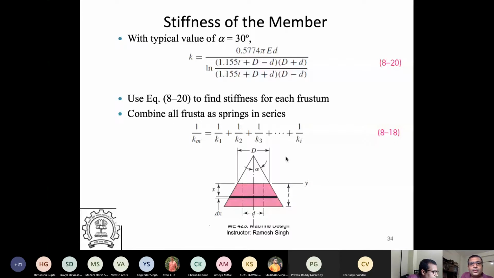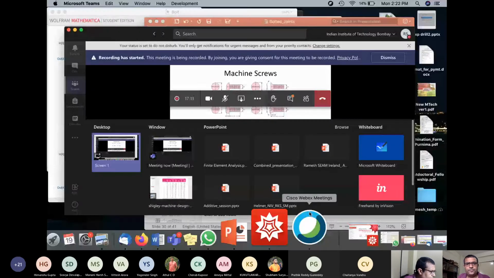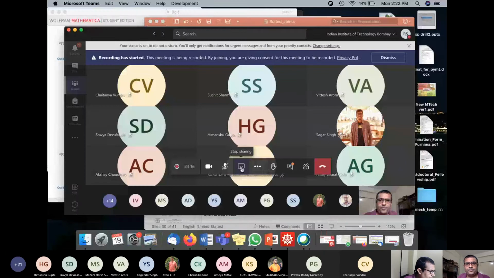What is H? H basically means the size of the plate. What is happening here is, let me just unshare this. I think then you'll be fine. Let me unshare it from here. Okay.